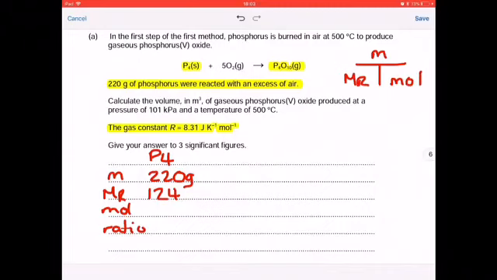So to calculate moles, it's mass divided by MR. So you're going to do 220 divided by 124. That gives you the moles, which is 1.77. The ratio between phosphorus and phosphorus 5 oxide is 1 to 1, and therefore we also have 1.77 moles of P4O10. That's the first part.